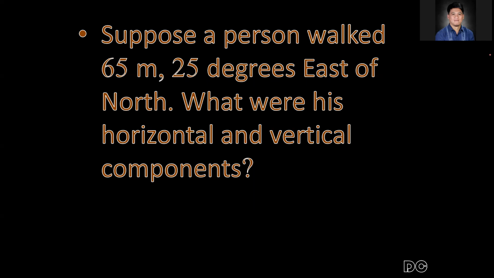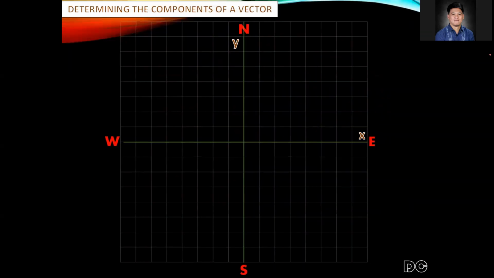Let's try to solve the horizontal and vertical components of the person who walks 65 meters, 25 degrees east of north. First, let us illustrate: 65 meters, 25 degrees east of north.